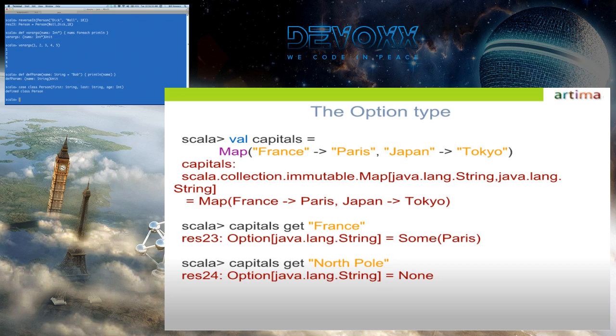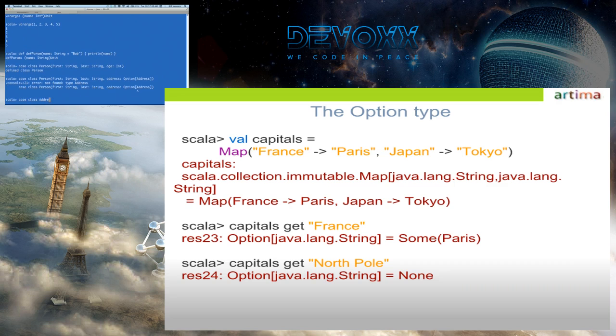I've already got a case class person, but I want one with an address. I haven't defined address yet, but I will do that now. Case class address, number, int, street, string, zip. Let's make zip optional: Option string.